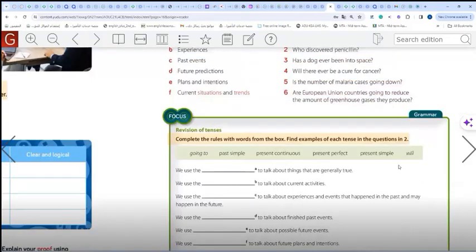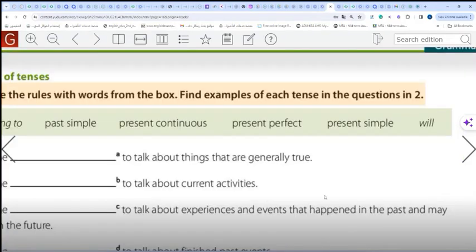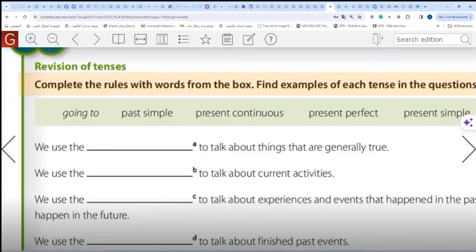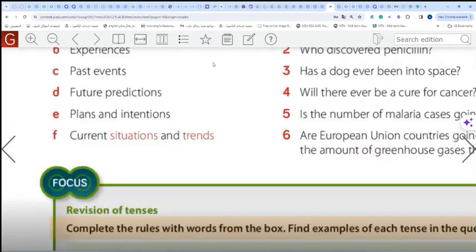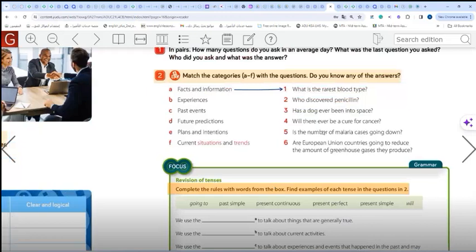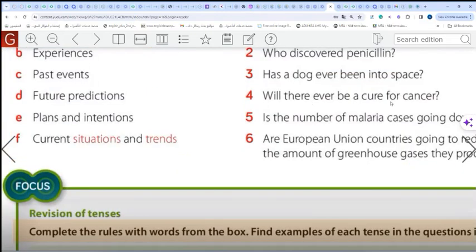Now, dear students, we use what to talk about possible future events? Going to or will? Will. Possible future events or predictions. Future predictions with will. Okay? Going to. It's just will. Okay, again, when you say, for example, will there ever be a cure for cancer?